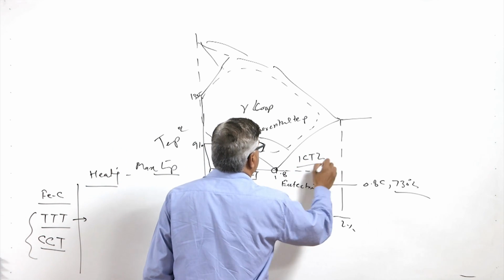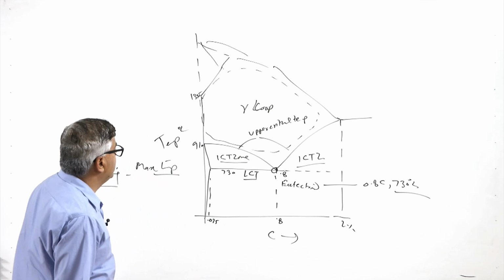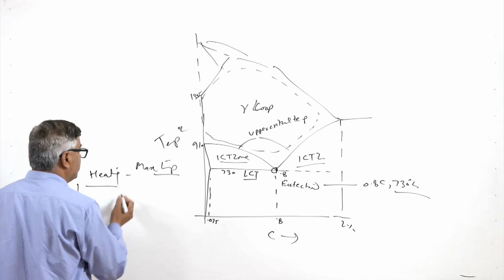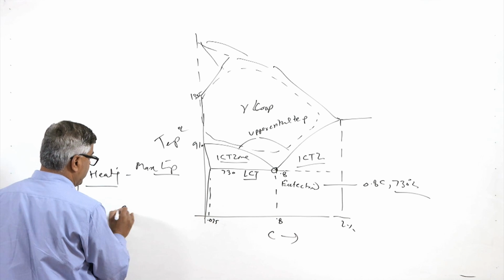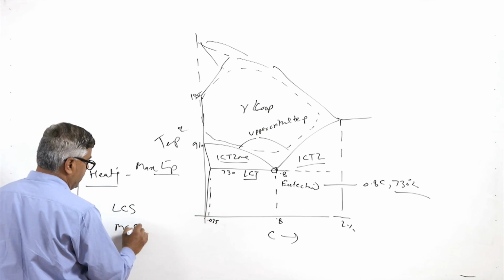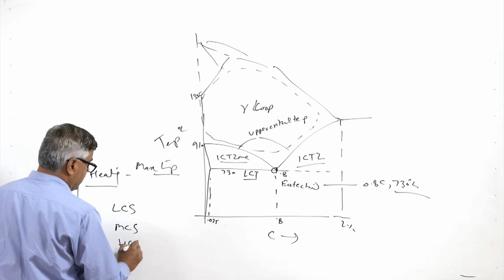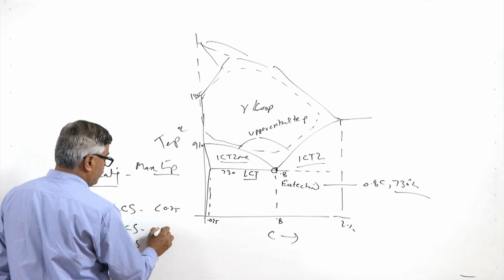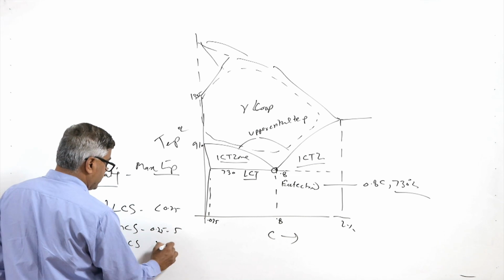For the heat treatment purpose, depending upon the carbon content, because basically we know that there are three types of steels: low carbon steel, medium carbon steel, and high carbon steel. These have less than 0.25, 0.25 to 0.5, and greater than 0.5.